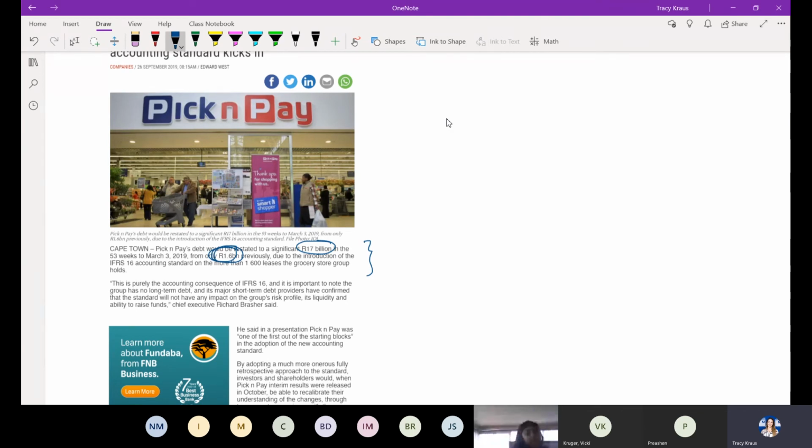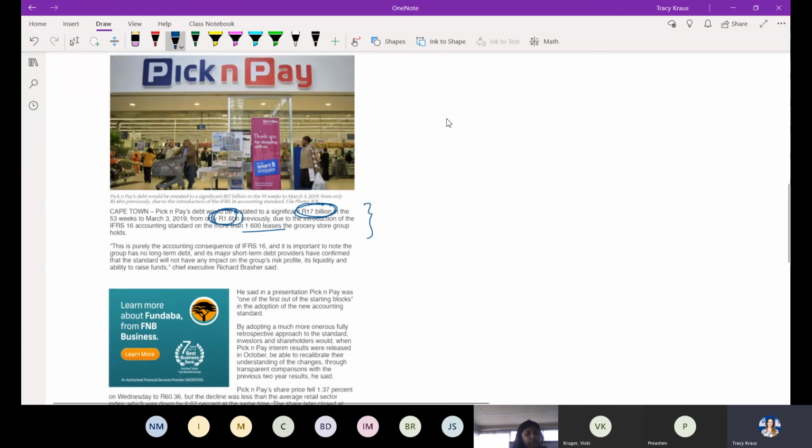Now, IFRS 16 says, no, Pick and Pay has signed all of these contracts. They are liable to pay the rental. And so they have to show that obligation on their statement of financial position. And now we have this enormous, more than 10 times increase in their debt, up to 17 billion. And it says here, 1,600 leases that they have. So that's really an enormous impact that we can see IFRS 16 having in a real world situation.